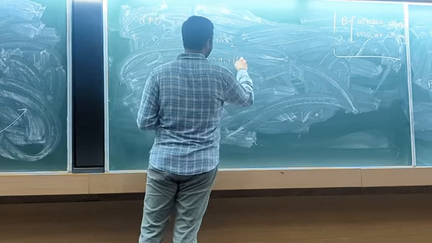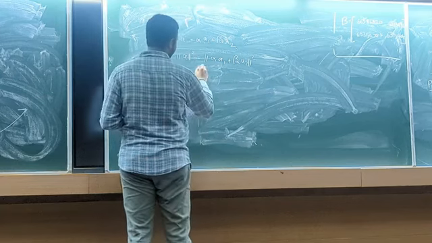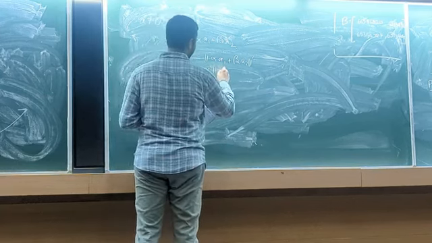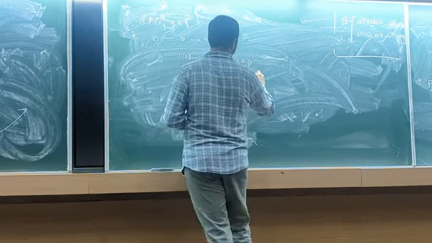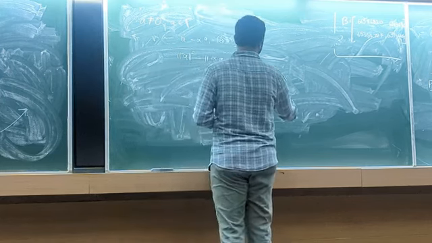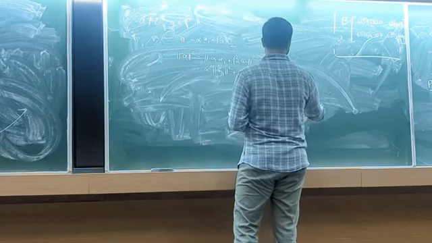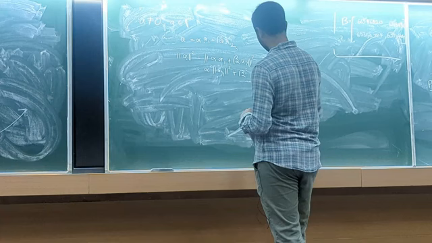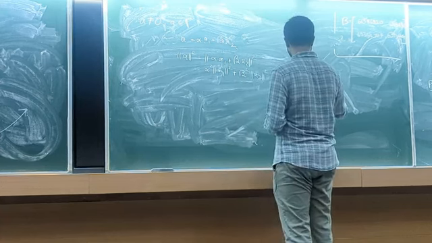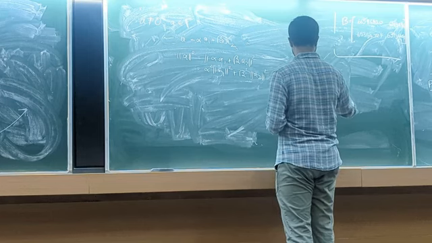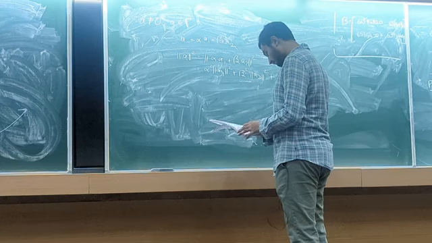We have a couple of steps of algebra: the squared length of A is alpha squared times A1 squared, plus 2 alpha beta times the dot product of A1 and A2, plus beta squared times A2 squared.